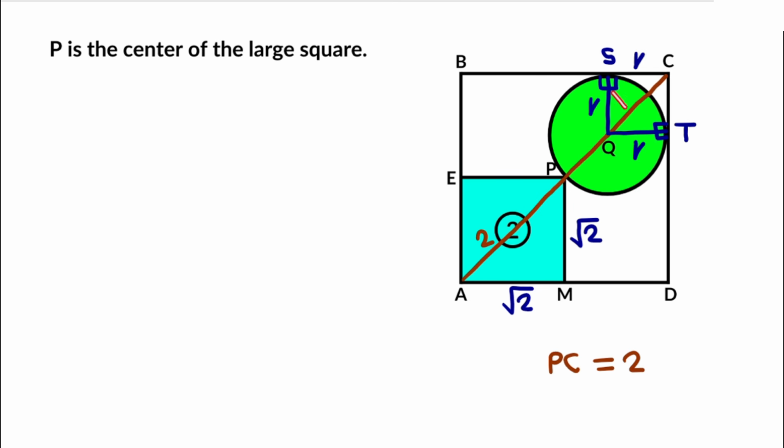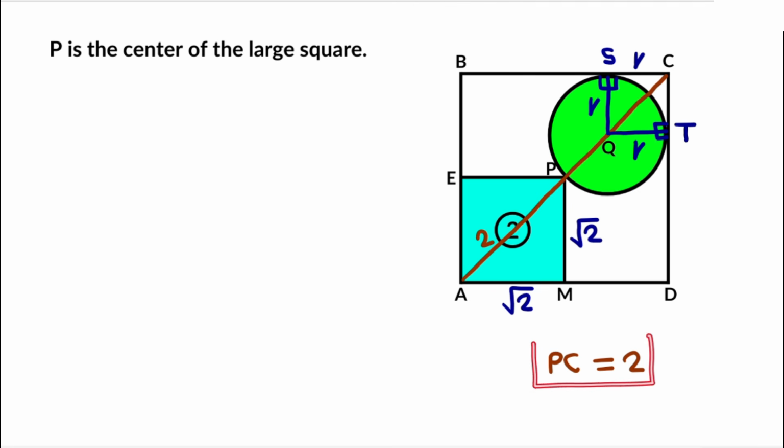Now, focus on the tiny right triangle near the top right corner, triangle QCS. Its 2 legs are both r, so we only need to figure out its hypotenuse, QC. And here's the clever part.